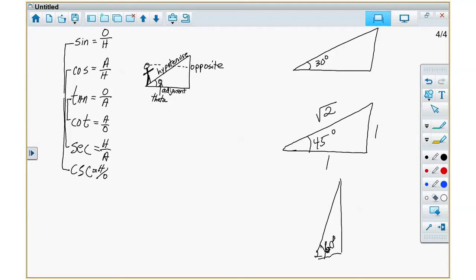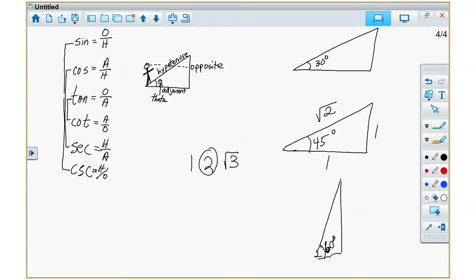Now, the other two have these three numbers. 1, 2, square root of what? 3. And all you have to remember is which one is the longest side. Which one is longest? 1, 2, or the square root of 3? 2 is your longest side.